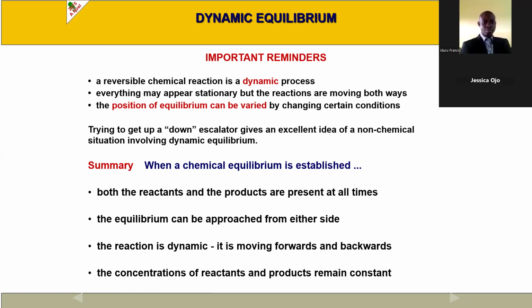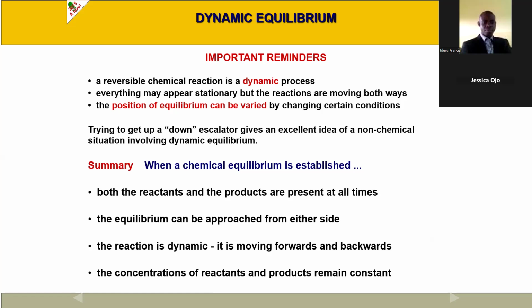So when they ask you to state two properties of a system at equilibrium: number one, the rate of the forward reaction is equal to the rate of the backward reaction, or the forward and backward reactions are occurring at the same time.